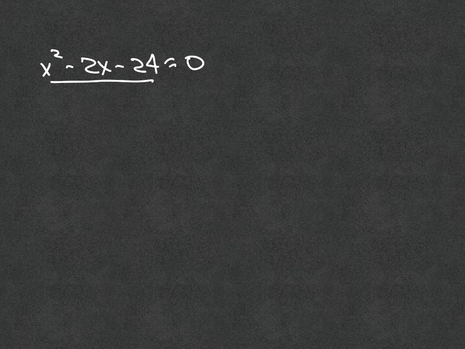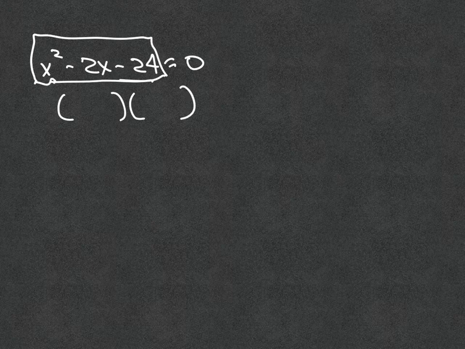We were just looking to make this expression simpler by making two parentheses, and we just put 1x in each of the parentheses, because when we did the FOIL, we know that our first terms had to multiply and give me x squared. Now we have to find two numbers that multiply together to give me negative 24, and added together give me negative 2.